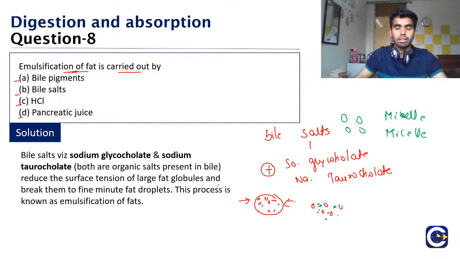This reduces the surface tension of the large fat globules, and they turn into minute particles, and this process is known as emulsification of fat. So the correct answer over here will be option B, that is bile salts.